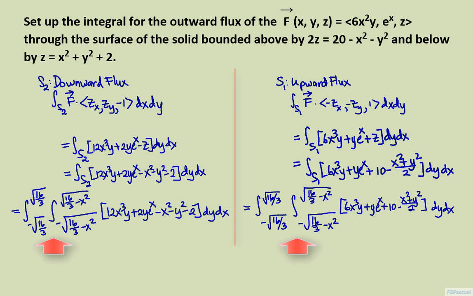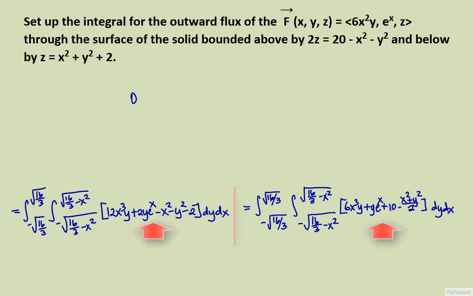Since the limits of integration for that of S1 and for that of S2 are the same, we can combine the two integrals by simply combining the two integrands. So for the outward flux, we have the same limits of integration.